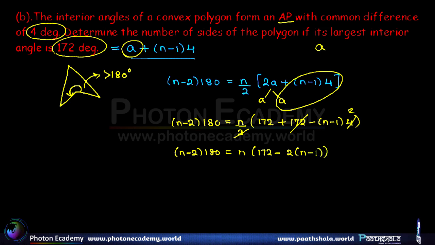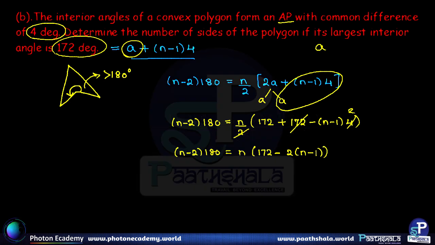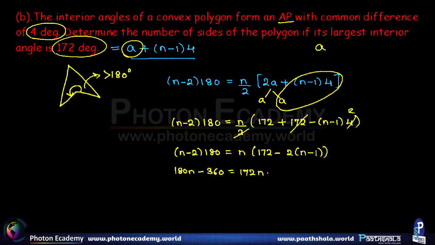So writing this in a quadratic equation form, it will become, so this is 180n minus 360 is equal to, we have 172n minus 2n square plus 2n.